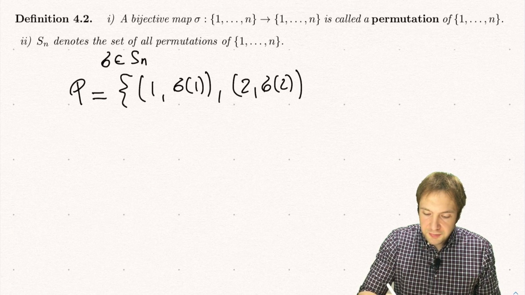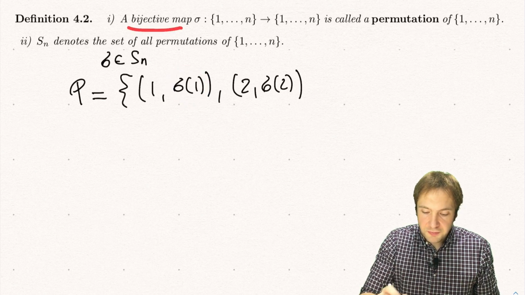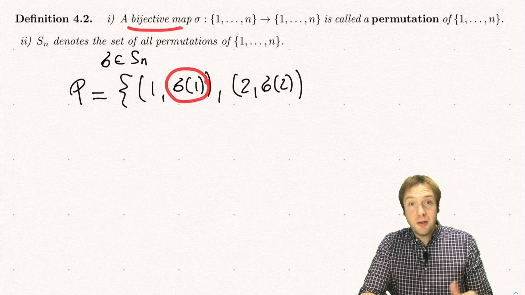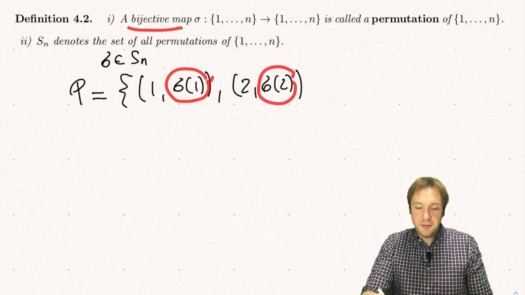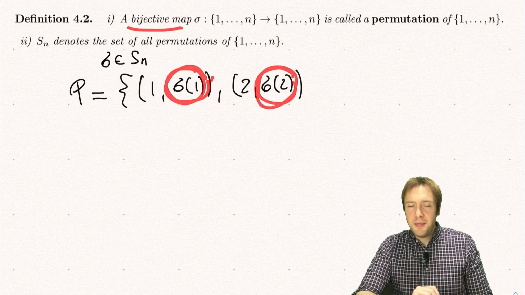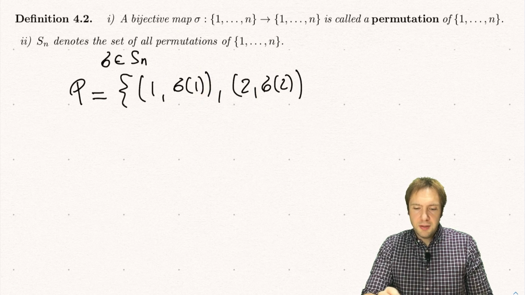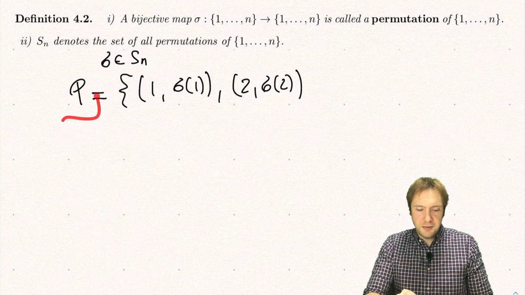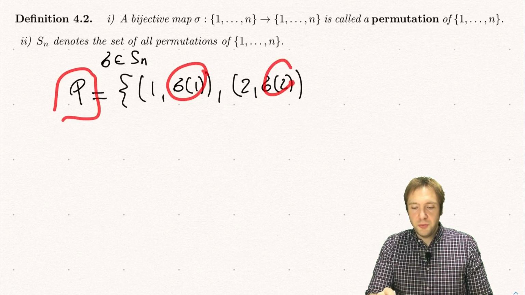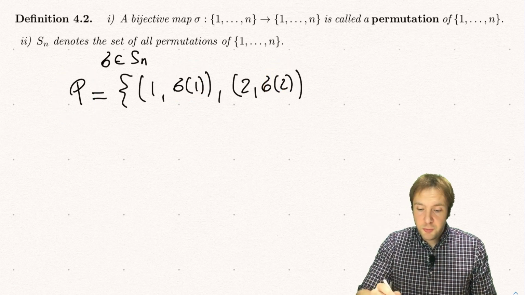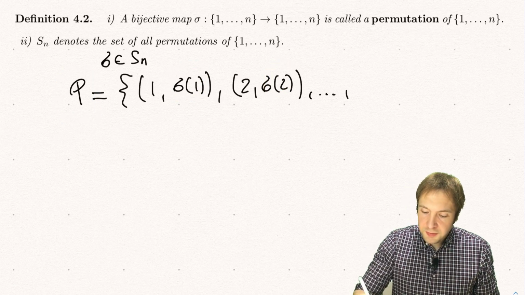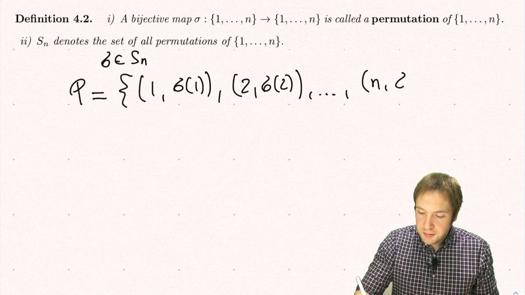Since sigma is bijective, in particular it's injective, which means that sigma of 1 and sigma of 2 cannot be the same, which corresponds to the fact that in a pattern I cannot choose the same column twice. So I get up to n, and here sigma of n.